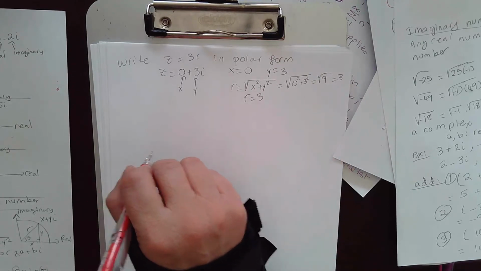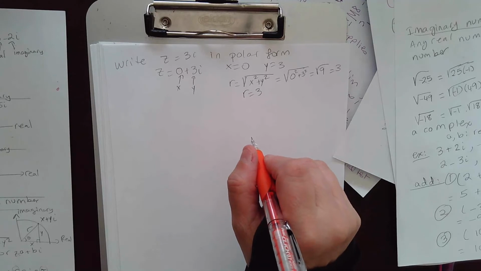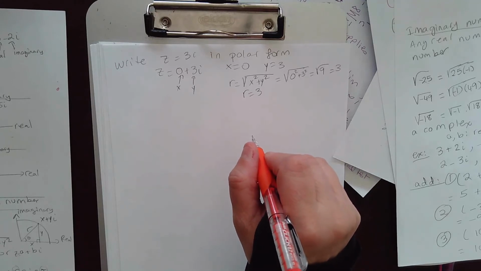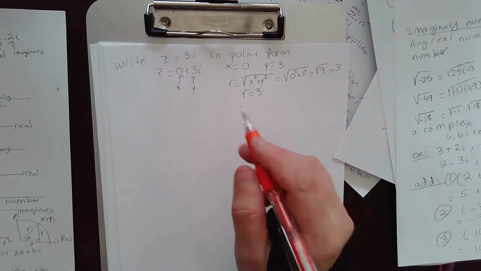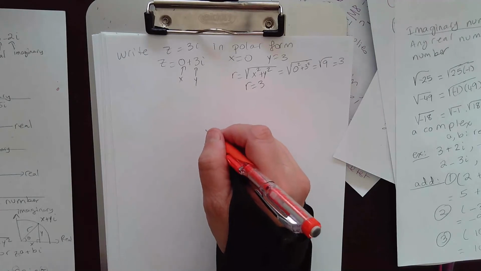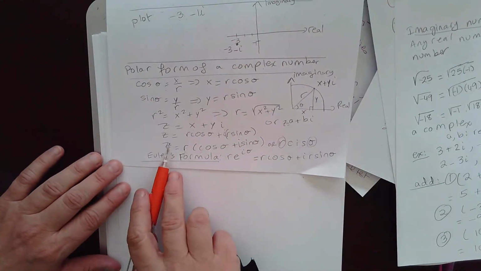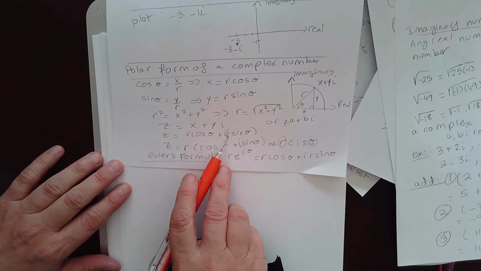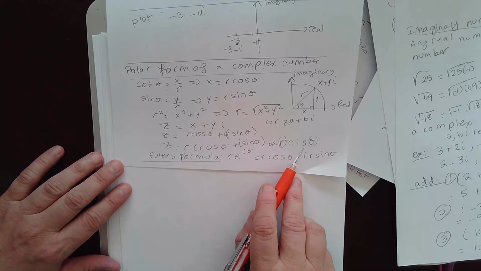Okay? And now we need to find theta. How do we find theta? Remember, in order for us to write it in polar form, what is a polar form? Let me remind you, we just did this. z equals r cosine theta plus i r sine theta, or in abbreviation, r cis theta.